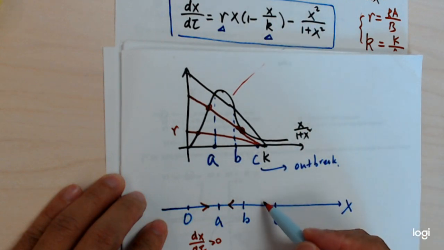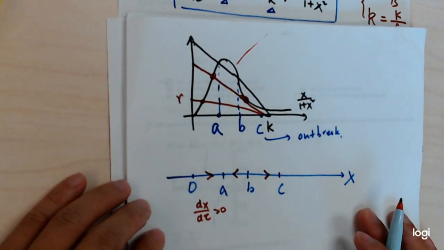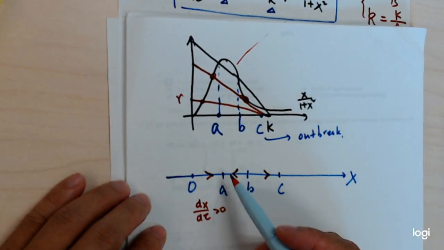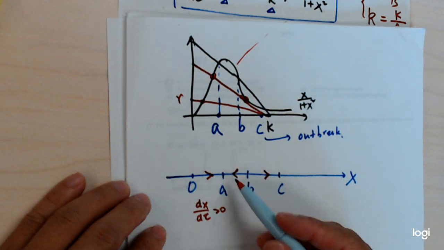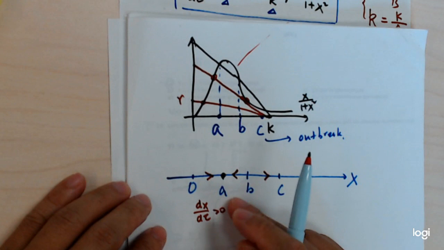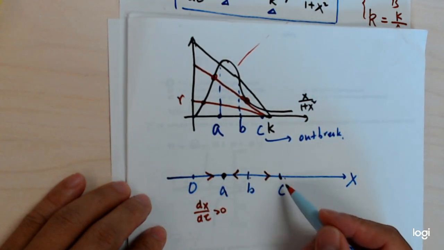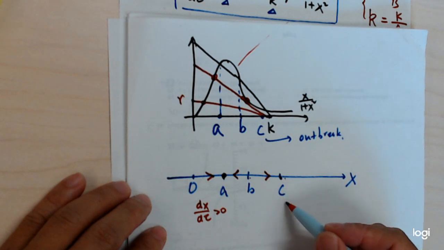So dx/dτ once again becomes positive. So when there are three equilibriums, A, the small amount, is stable, B is unstable, and C is stable. So this is the outbreak level.